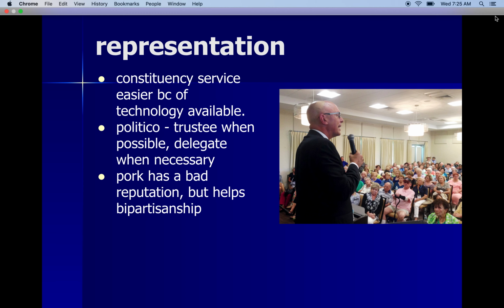It has a bad reputation because it adds to spending, but it does help congressmen pass maybe unpopular votes. If they can get something built in their district, it's going to help them stay popular.